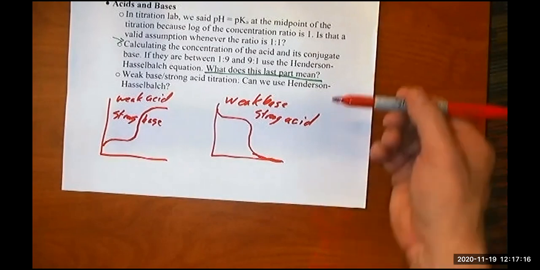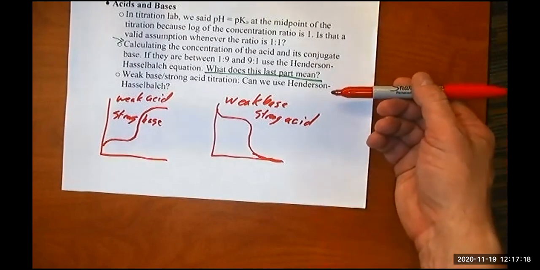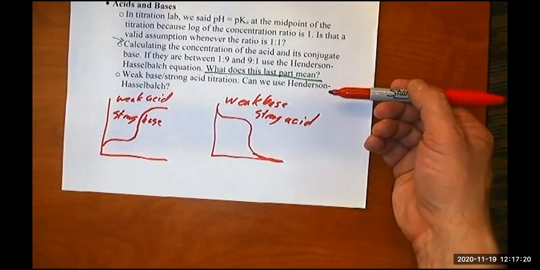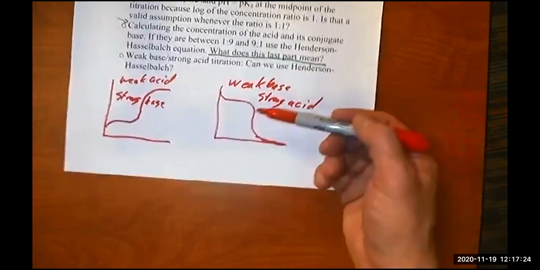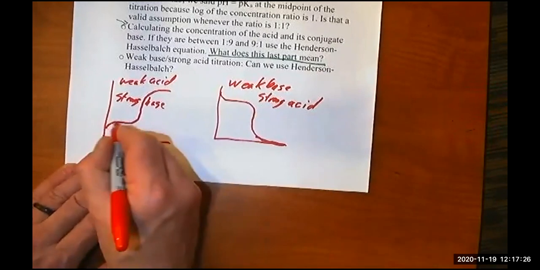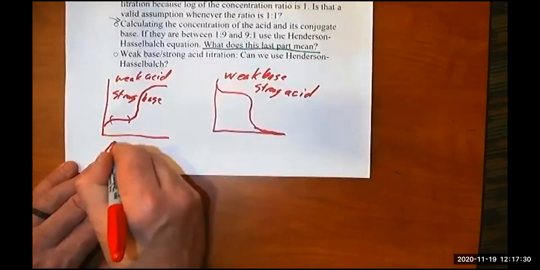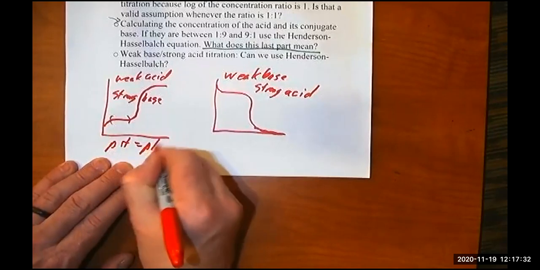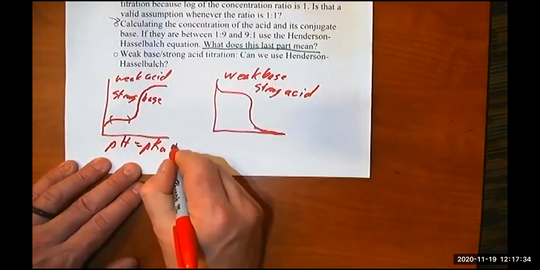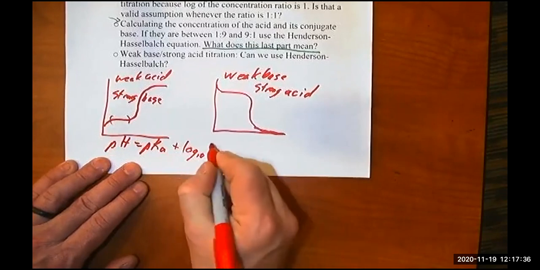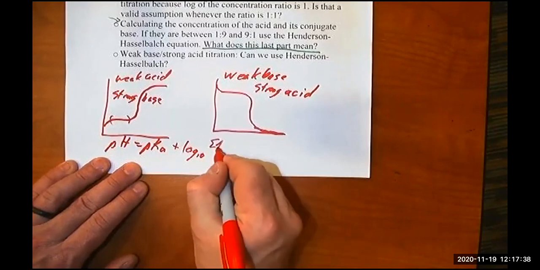But this question that I got was a good one, which is, what about the Henderson-Hasselbalch equation in this? The Henderson-Hasselbalch equation talks about when you're in this region here, the pH equals the pKa plus the log base 10 of the base to acid ratio.